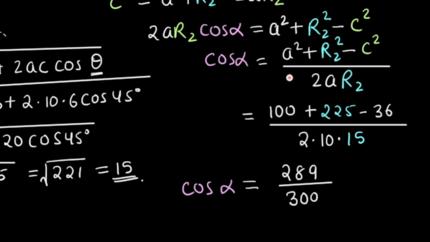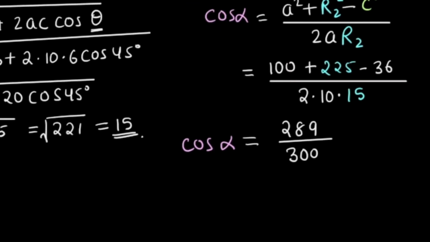So the number that you get here, this fraction, should never be smaller than -1 and never be greater than +1. And we are good here because 289 divided by 300 is a positive value that is less than 1.